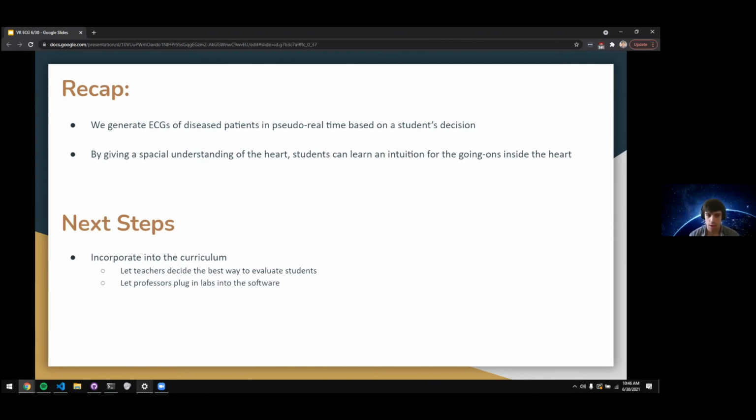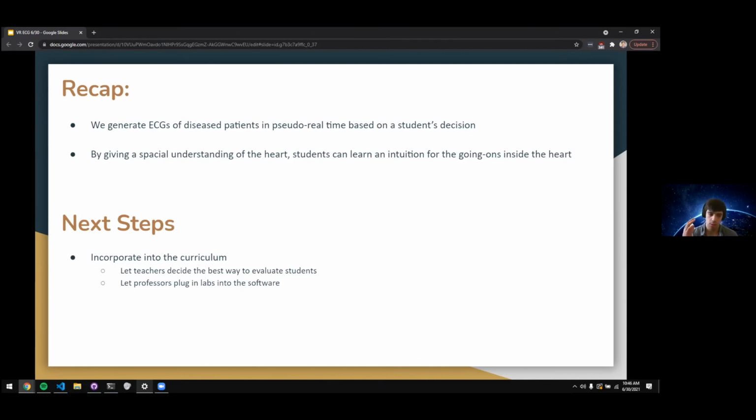And because this is a flexible piece of software, we'll leave the evaluation specifics up to the TAs and the professor who know the best way to evaluate the students. And they can even plug in their hardware labs. They already have a do-it-yourself EKG machine that they can bring home. And then they can plug the hardware into the software.